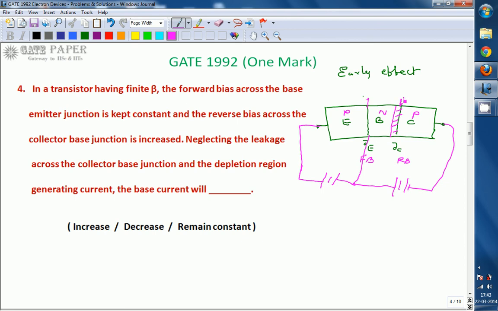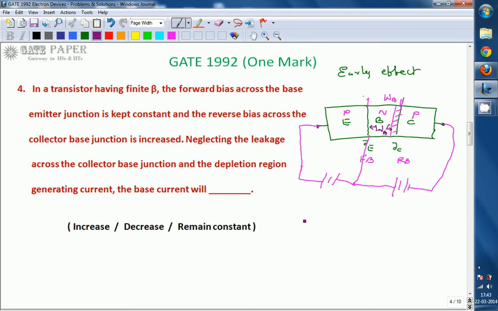This is WB, the metallurgical base width. Whereas whenever we apply reverse bias, the base width is effectively reduced. We can say it is WB dash.